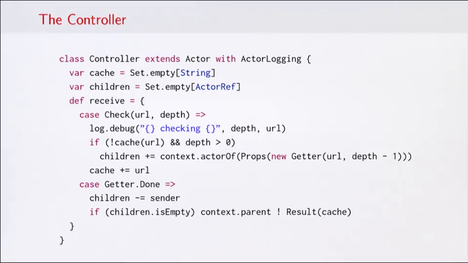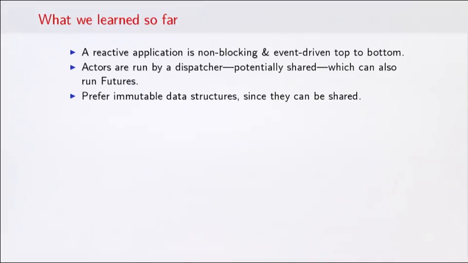That would be a valid use case, but then the result which had been sent back to the parent points to the same set, which is mutated by this actor, and then the other actor will be confused as to what the contents of the set are. It is much better to prefer using variables, which point to immutable data structures. This way they can safely be shared, as is done here. And that is the third point which we have encountered on our journey, the third lesson we learned.